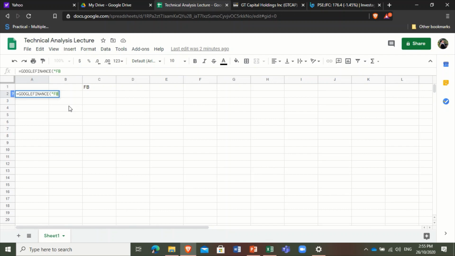So FB, comma, let's say you want to look at the price of Facebook nung, I'm thinking birthday of my mom, which is January 10, 2020.